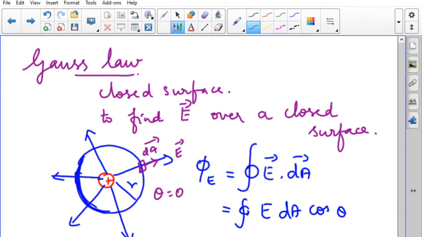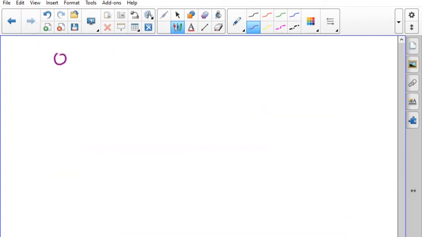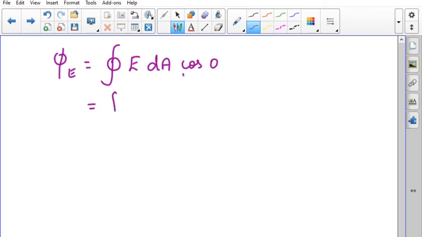So in this case, the flux phi E is equal to the integral over a closed surface of E dA cos 0, where cos 0 is equal to 1.